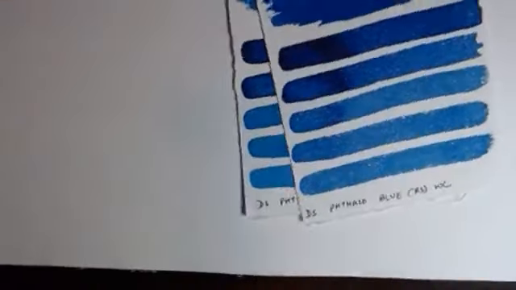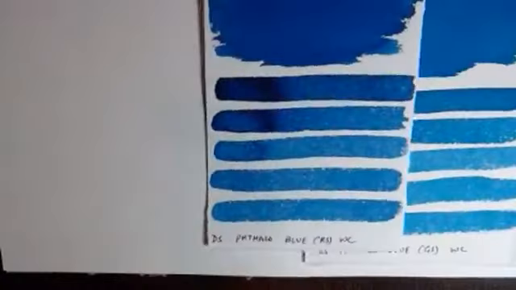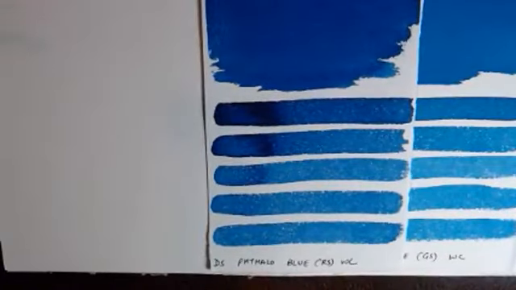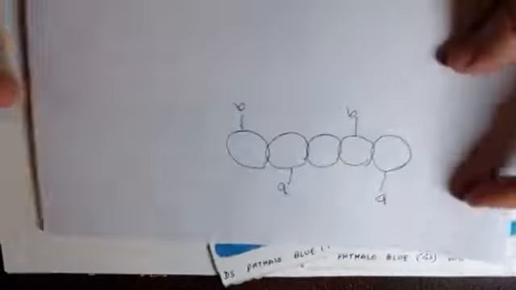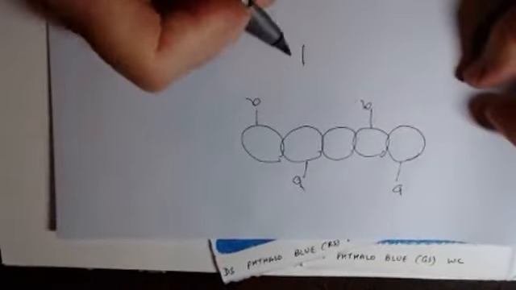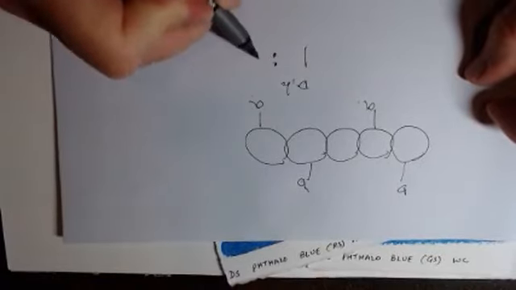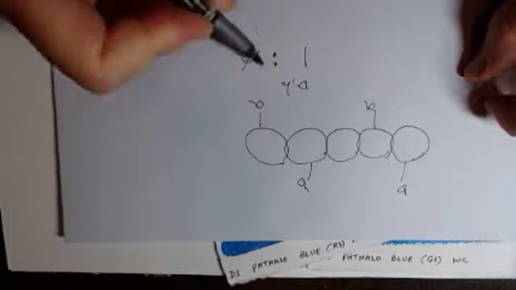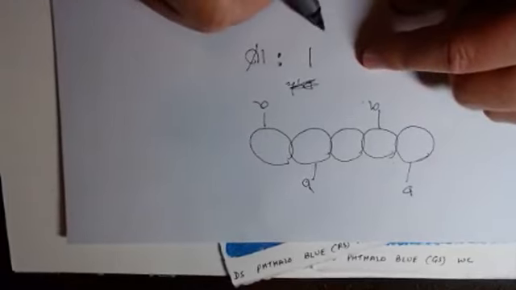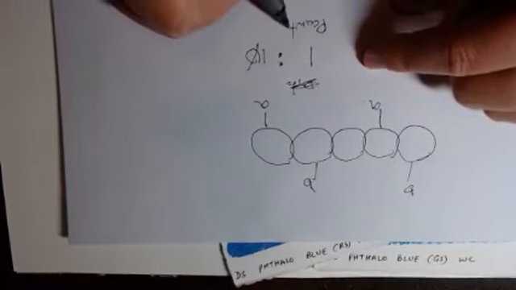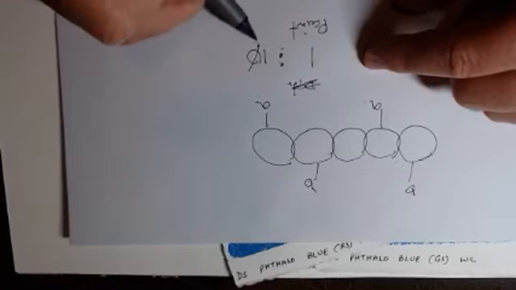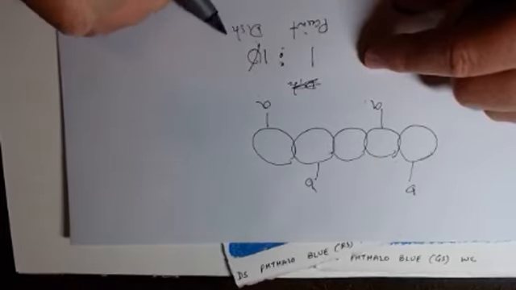I'll also show you these drawdowns, just so you know, these drawdowns are made from a 1:10 ratio. And what that means, it's 1 part of paint to 10 parts of distilled water.